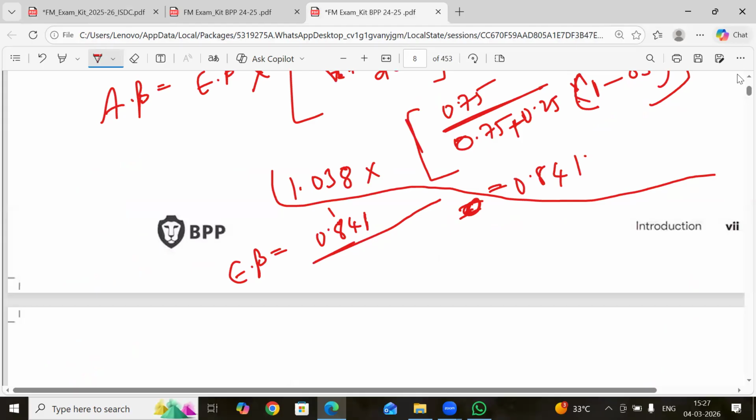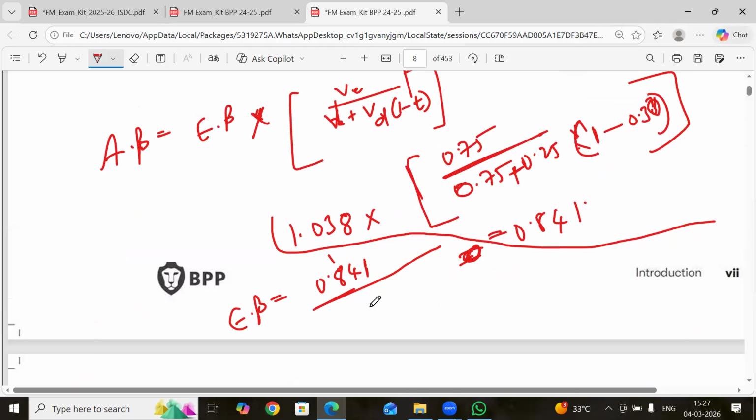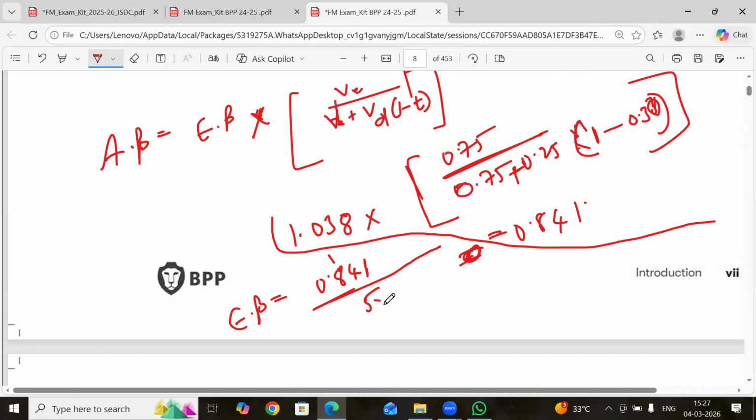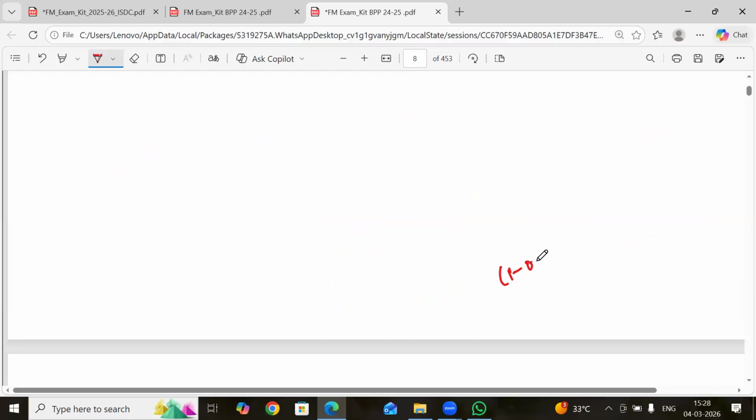So we know the formula. 52,780, all of you do it simultaneously. Whole divided by 52,780 plus 5171 into 1 minus 0.30.